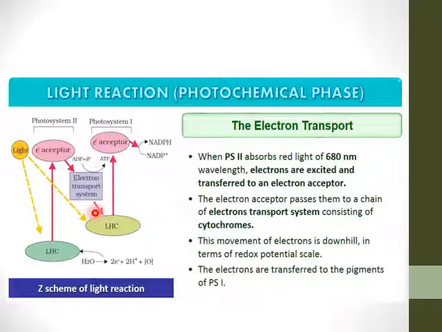This movement of electrons is downhill, that is from upper to the lower side, in terms of the redox potential scale. The electrons are transferred to the pigment of PS1, that is your photosystem 1.